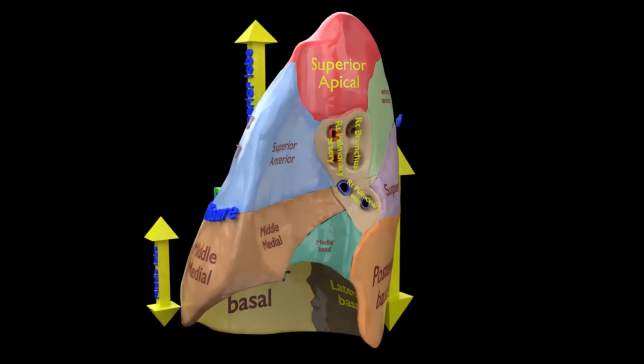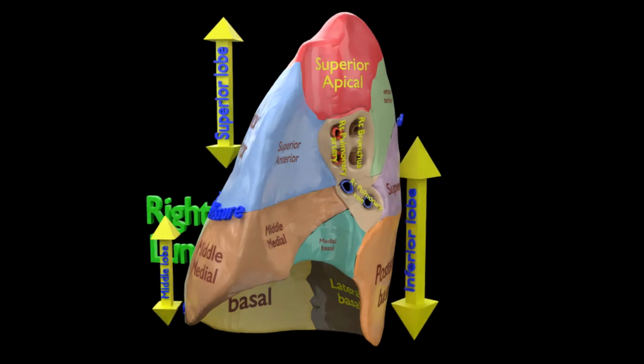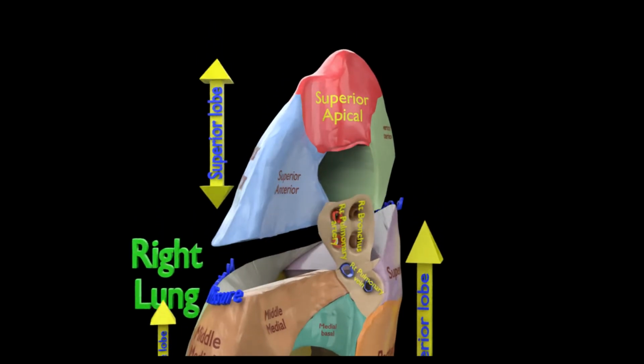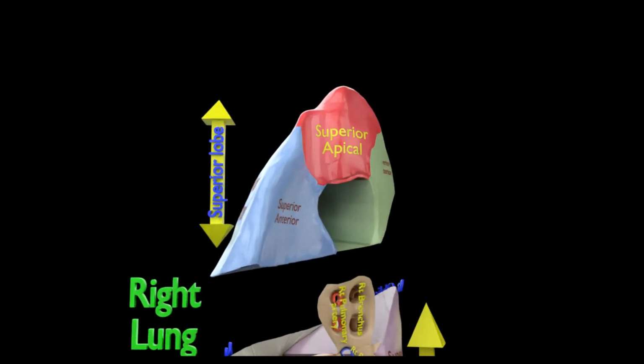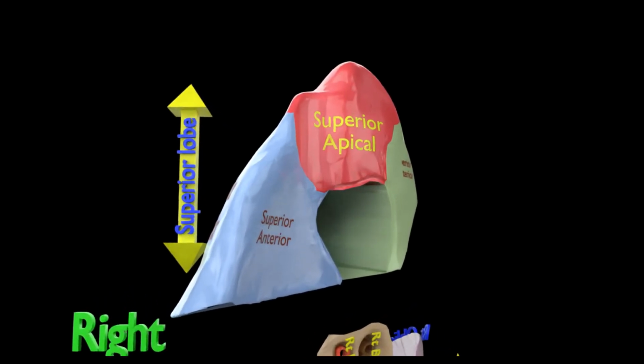Consequently, there are three lobes on the right, that is, superior, middle and inferior lobes. Now you can see the three lobes being separated away in the video.